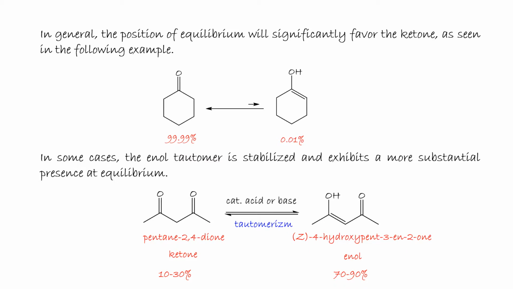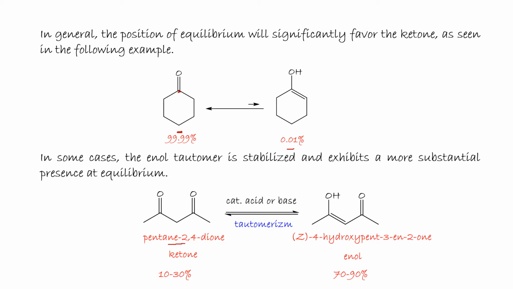Okay? In general, the position of equilibrium will significantly favor the ketone, as seen. Cyclohexanone will be in its ketonic form 99.99% of the time, and only in the enol form 0.01%. In some cases, the enol tautomer is stabilized and exhibits a more substantial presence at equilibrium.